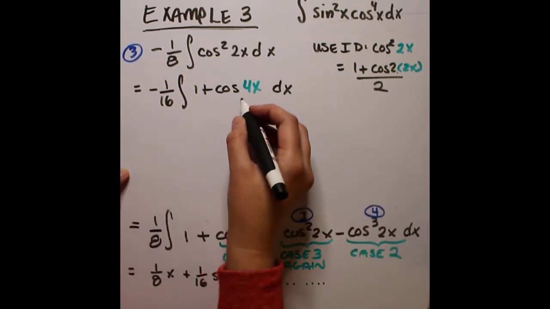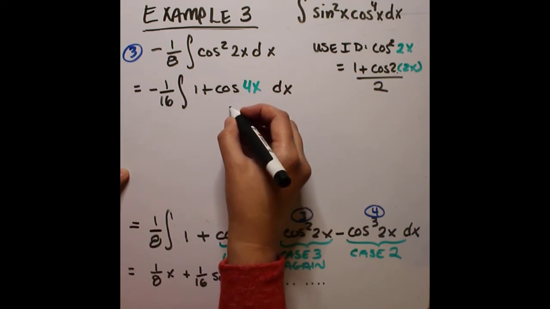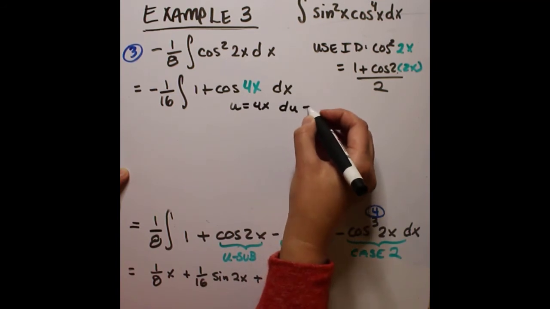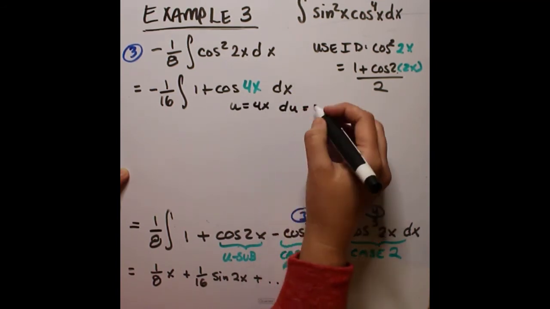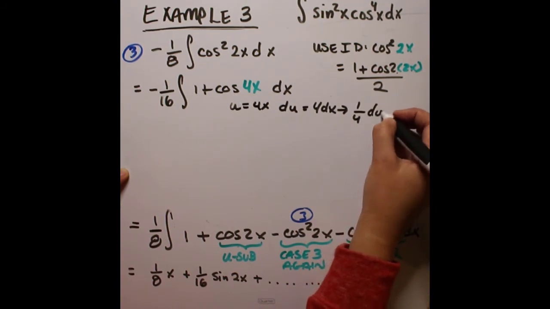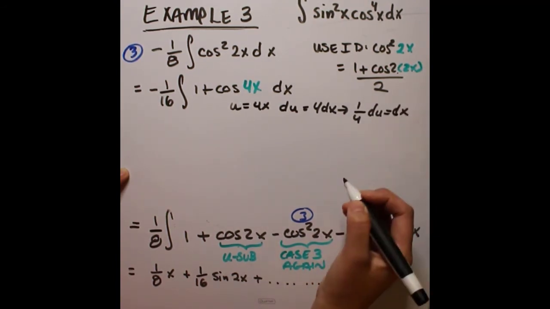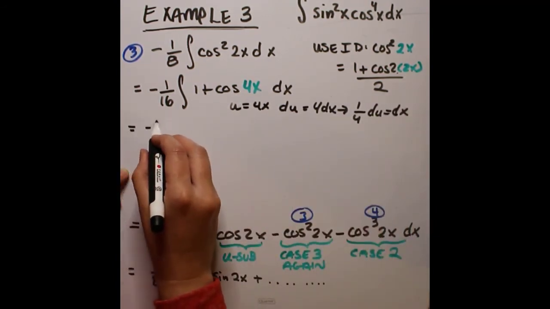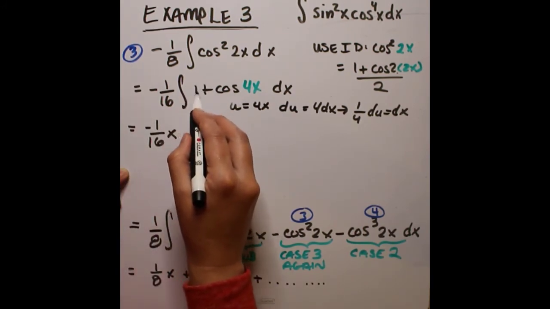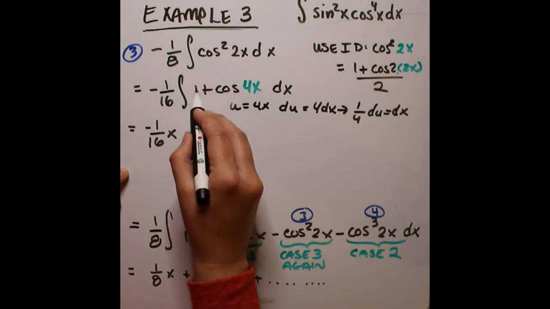Now this is not so bad. We can use u substitution on this. I'll go ahead and write it out really fast. U is 4x, du is going to be 4 dx, which gives us 1/4 du is dx. Okay, so we get negative 1/16 integral of this term is just regular x, so I'm not going to u sub there, it's just x.